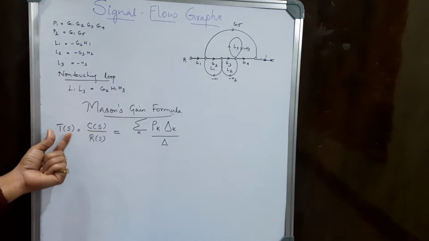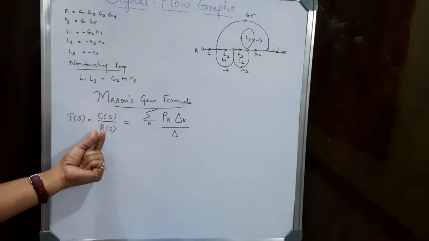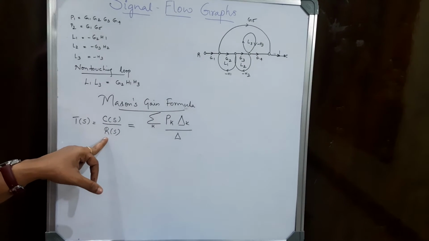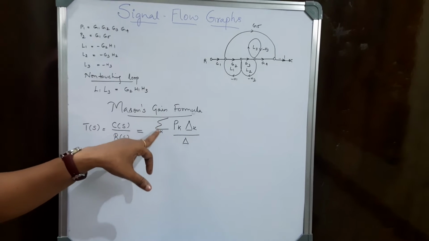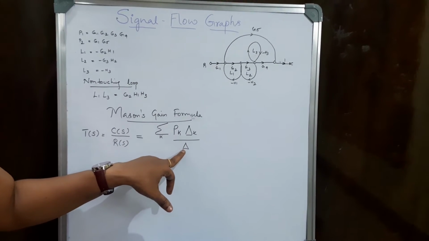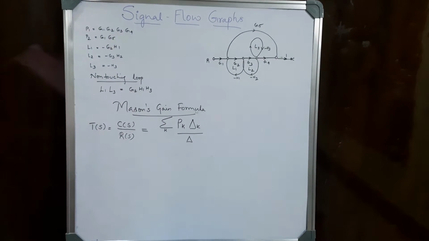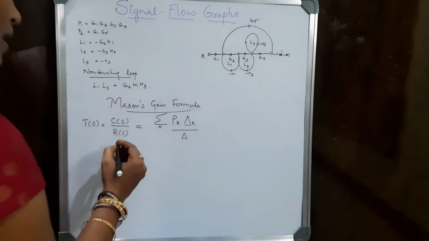I repeat, the transfer function is given by C of S by R of S, that is the ratio of output to input, which is equal to summation for all values of K, Pk delta K, whole thing upon delta. Let's see what this Pk, delta K and delta represent.